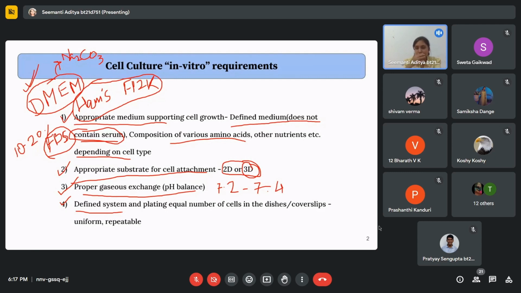For example, if you are using a particular cover slip from a particular company and coating it with a particular substrate, we should ideally use it throughout our experiments, throughout the project.